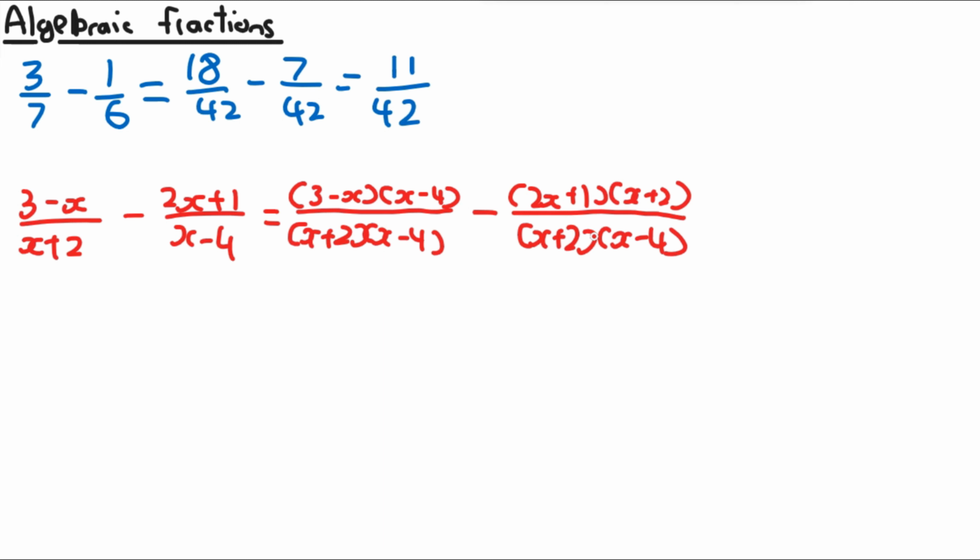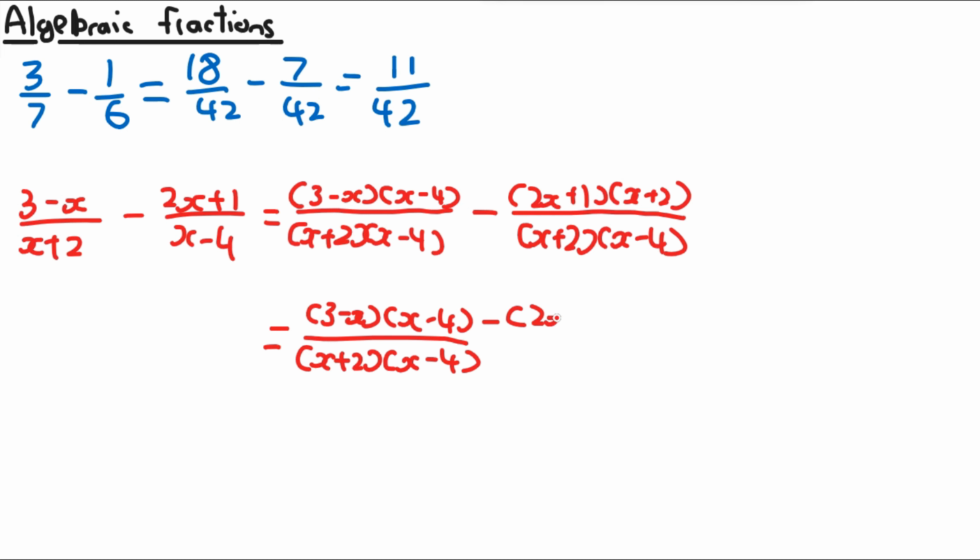So we times the whole thing by x plus 2, and now these have the same denominator, so we can minus them, so this is going to be equal to (3 minus x)(x minus 4) minus (2x plus 1)(x plus 2), all under (x plus 2)(x minus 4).